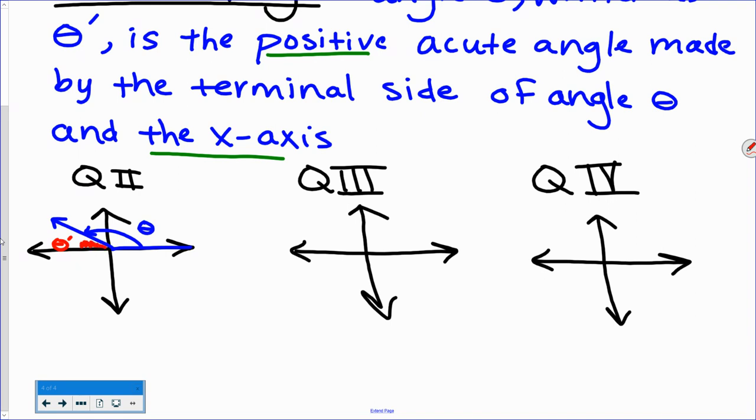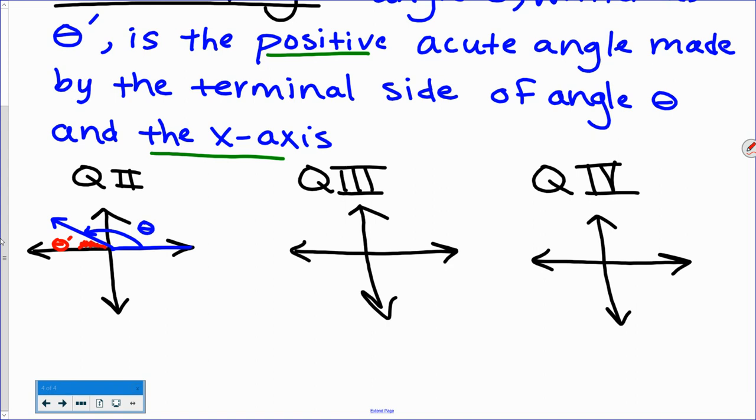So it's the measure that it makes with the terminal side, so where my angle ends, and the x-axis. All right, so if I was to drop down a right triangle here at that spot, I'd be using that angle. I've kind of already shown you that before we defined it as a reference angle.